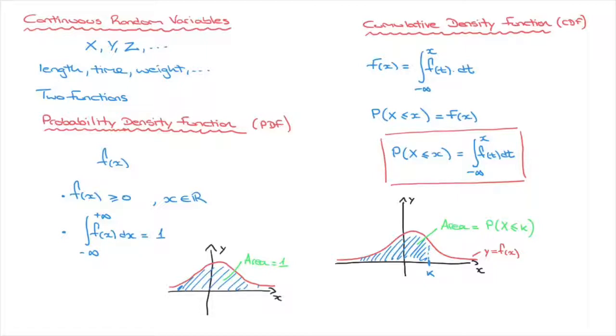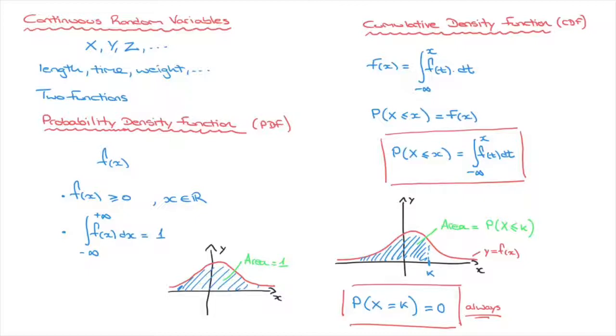Before doing so, though, let me highlight something very important. Let's say we wanted to calculate the probability that a continuous random variable is equal to some specific value k. Well, when working with continuous random variables, this will always equal 0. When we first see that result, it can be slightly confusing. But here's why this result is always true.